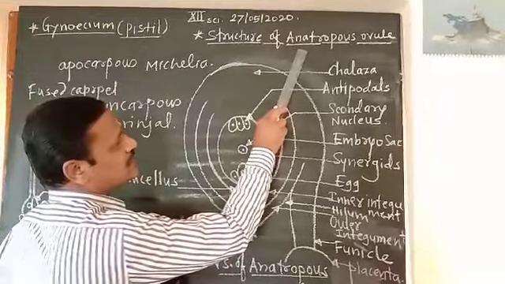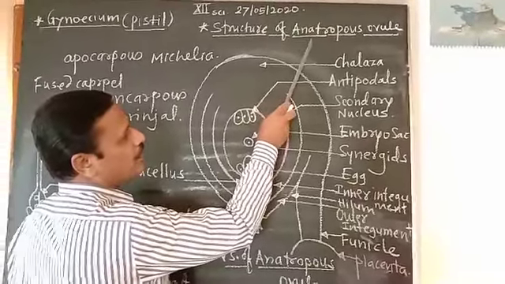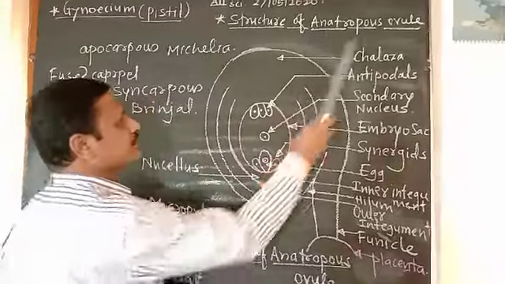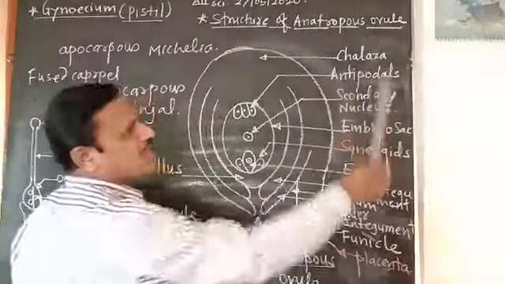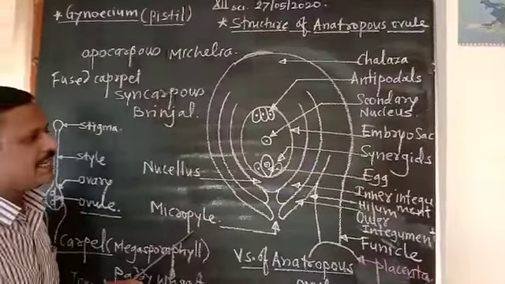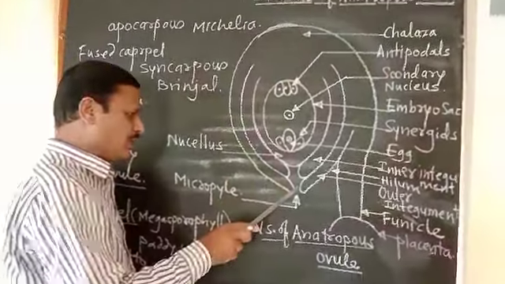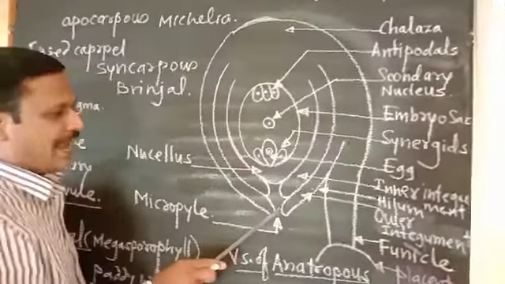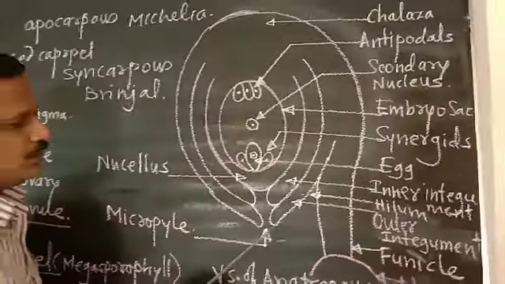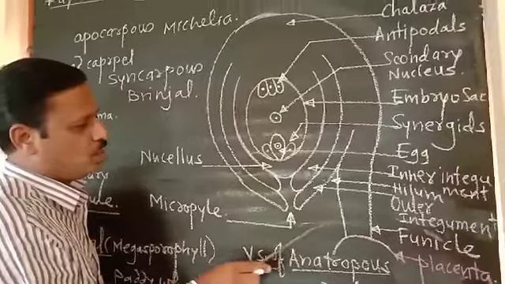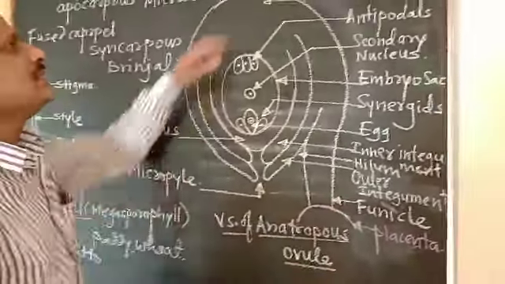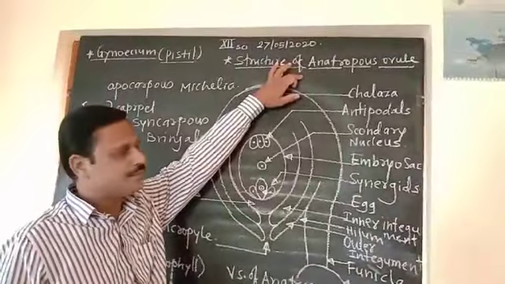Anatropous ovule means the ovule or megasporangium in which the micropyle is directed downward and lies very close to the funicle.